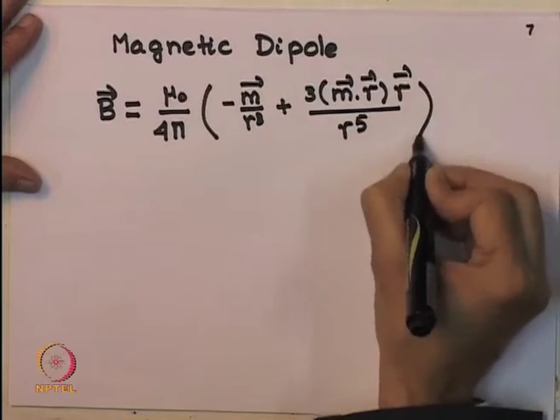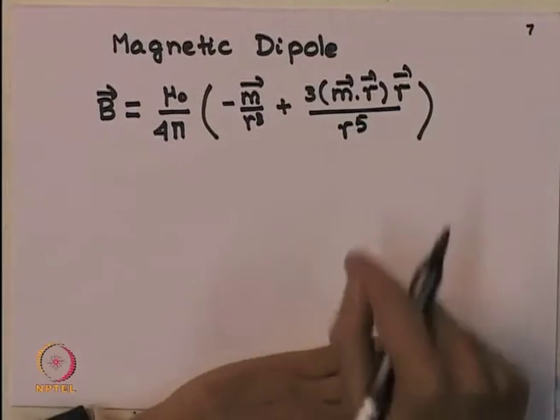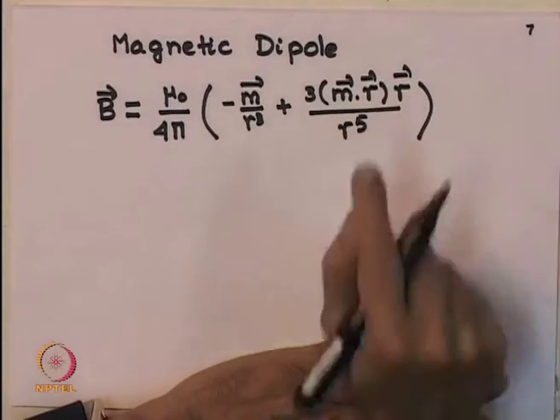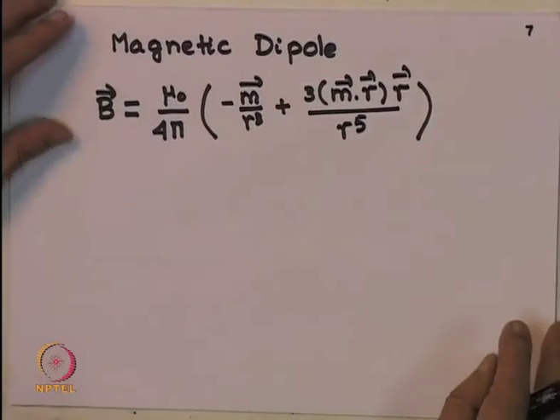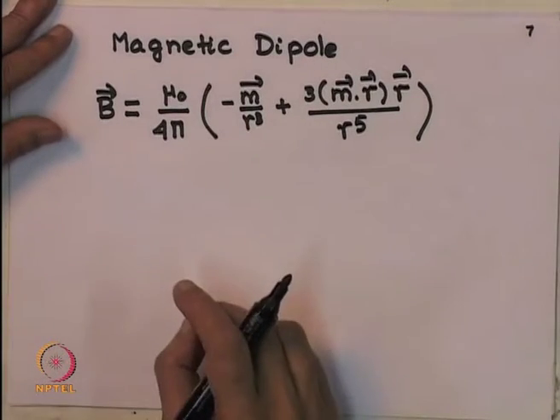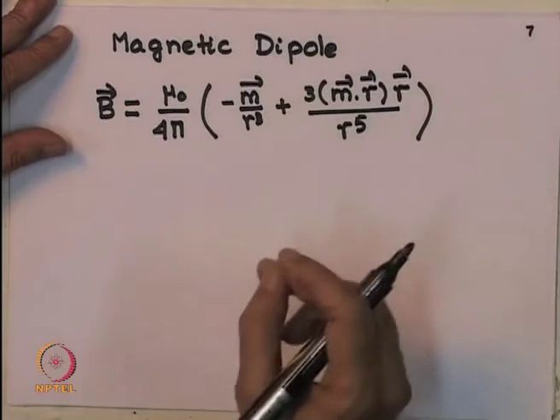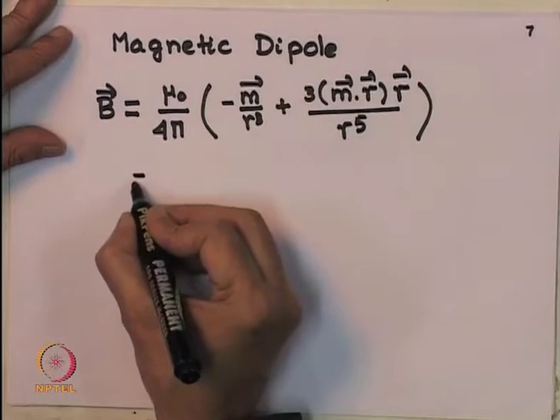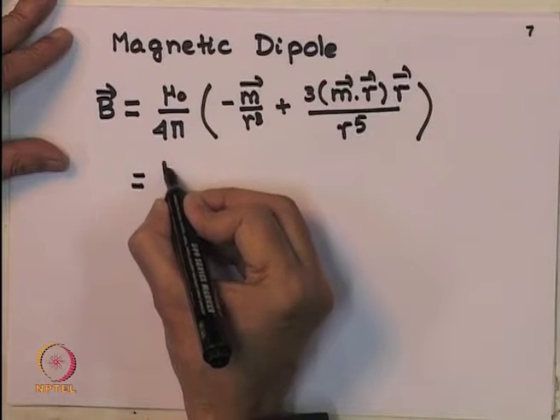Actually, all of them are inversely proportional to r to the power 3, but there are 2 r's in the numerator here. So, let us try to find out how to write this. So, this is mu 0 by 4 pi.